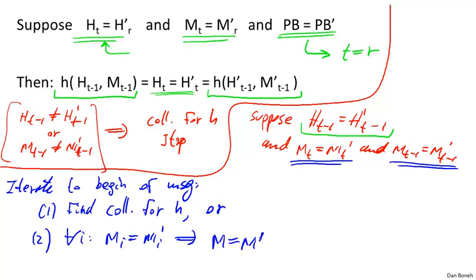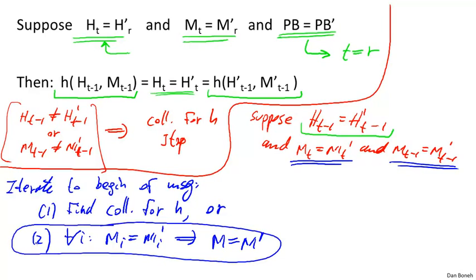But then this contradicts the fact that you gave me a collision to begin with. So this condition over here can't actually happen because it contradicts the fact that m and m prime are a collision for the big Merkle-Damgard function, capital H. As a result, as we work our way from the end of the message all the way to the beginning, at some point we must find a collision for little h.